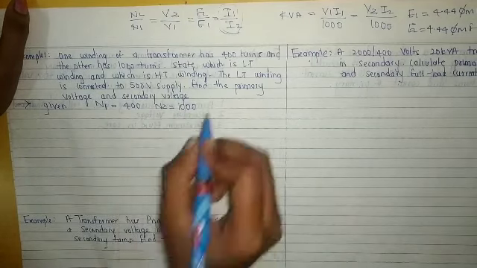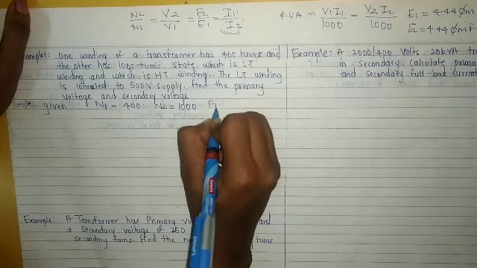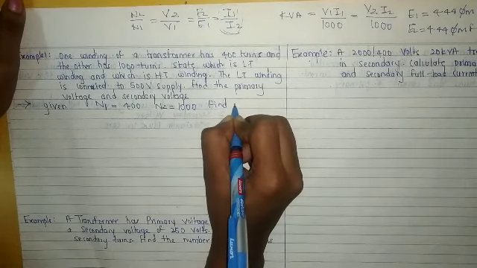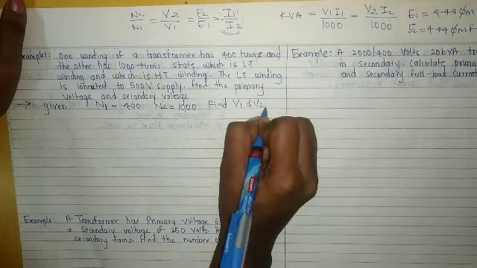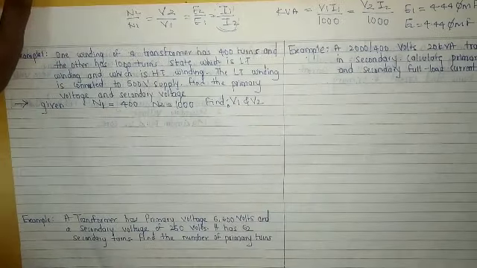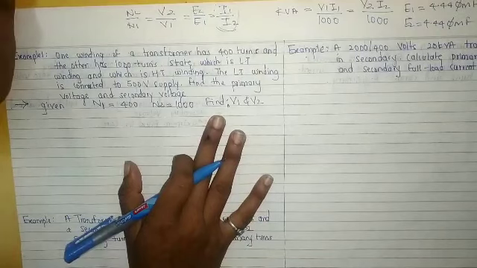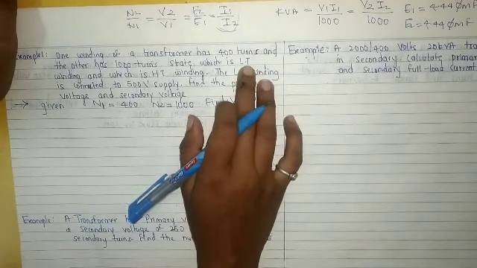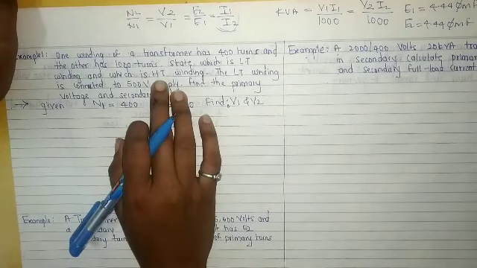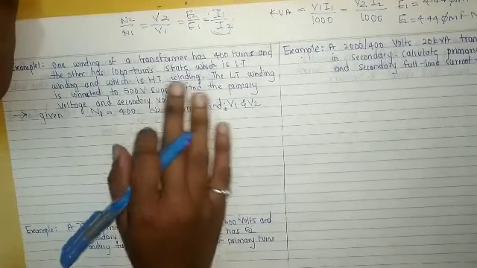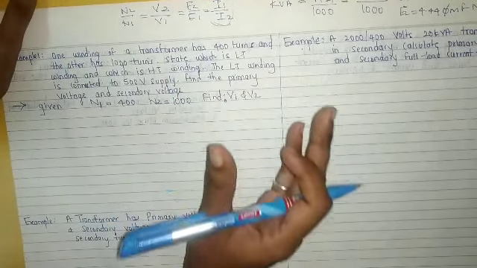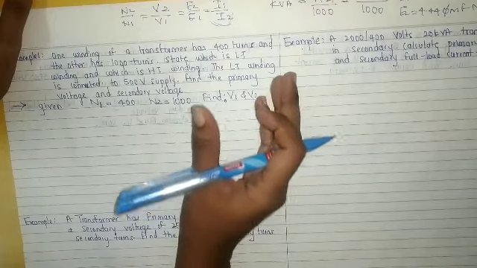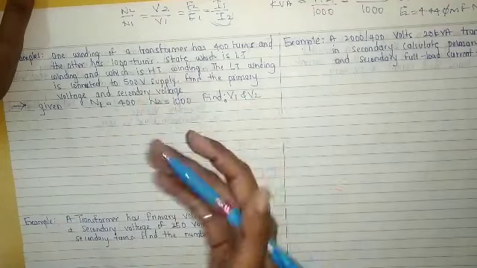So what have they asked to find? Primary voltage. So how do we denote primary voltage? V1 and V2. To find V1 and V2. So now first we have to understand what is LT and what is HT. Right. So we know the voltage depends upon the number of turns. More number of turns, more will be the voltage.